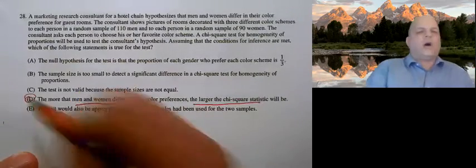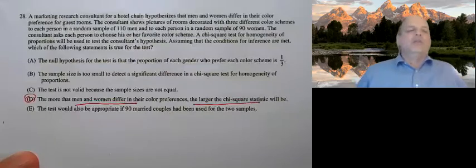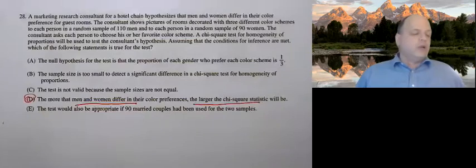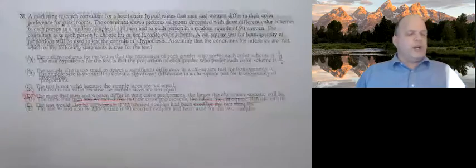The further you are away from the claim, the smaller the p-value, the more evidence you have. The further you are away, the more likely you are to reject.